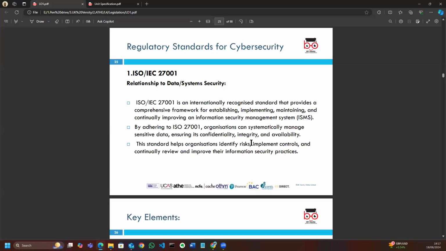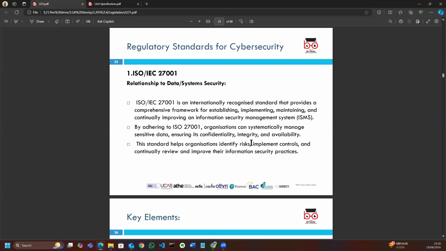We introduce ISO and IEC 27001, which I do believe people can get certified for as well. This is an internationally recognized standard that provides a comprehensive framework for establishing, implementing, maintaining, and continually improving an information security management system.